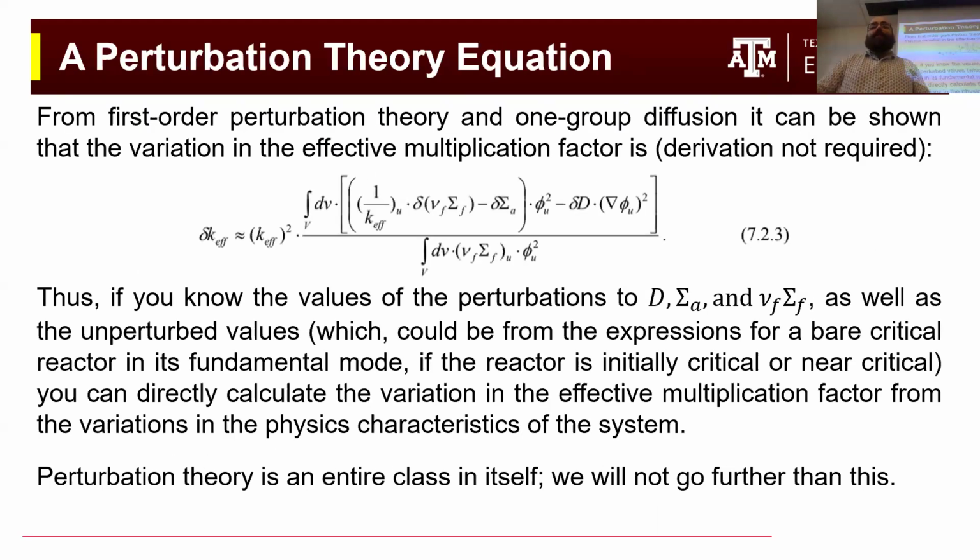But ultimately that derivation gets you to this equation that gives us the perturbation in K effective based on only knowing unperturbed values of my system. So phi u, for example, represents my unperturbed scalar flux, and the delta terms are just perturbations in various properties of my system. I might have a perturbation in my nu F sigma F, a perturbation in my diffusion coefficient, and a perturbation in the absorption constant.